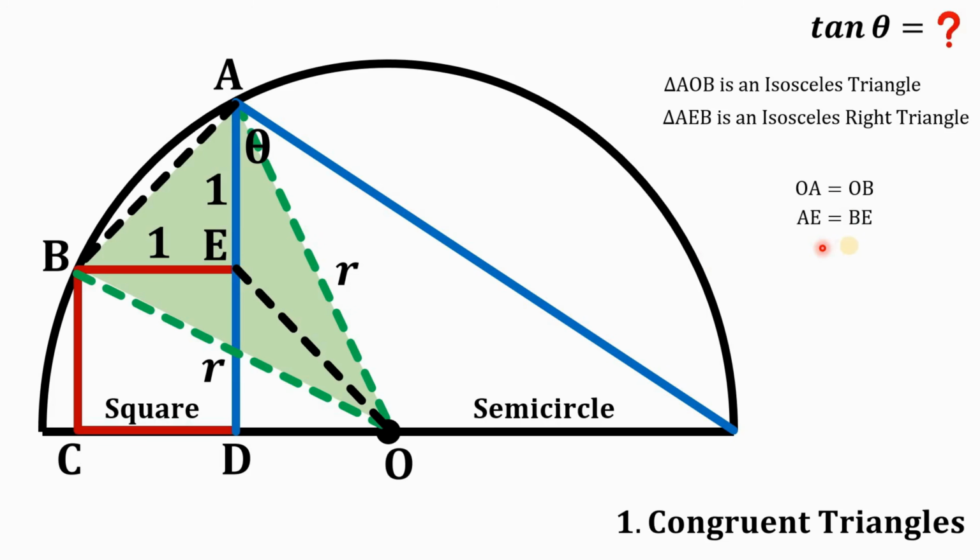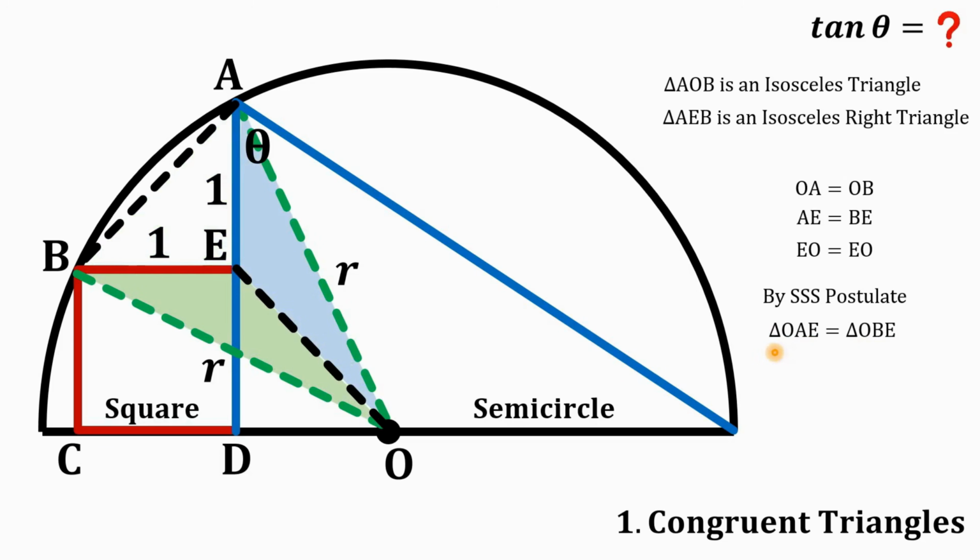And AE equals side BE, they are both equal to 1. And EO simply equals EO by reflexive property. In short, using SSS postulate, we can say that triangle OAE is congruent to triangle OBE.